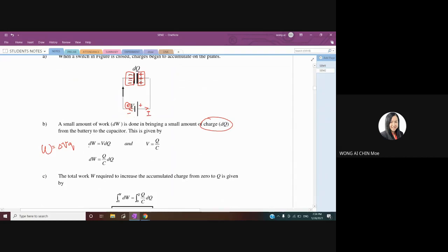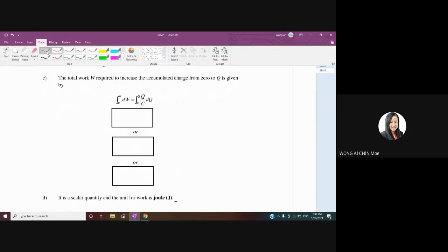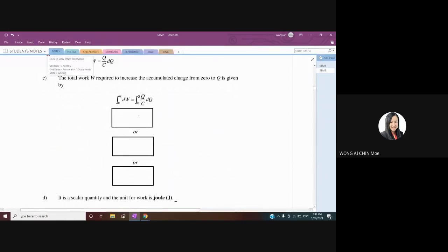So work done equals V dq. When you substitute V inside, you will get the final equations. The energy U, or the work done, equals half Q squared over C, or we can write it as half CV squared, or half QV.